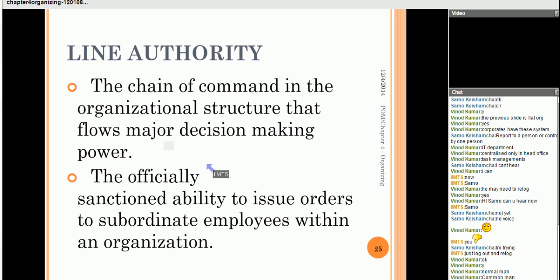Means it is the authority which comes due to the structure. Like A is reporting to B, B is reporting to C, and C is reporting to D. So because of this, the authority that will come. The officially sanctioned ability to issue orders to subordinate employees within an organization. That is the line authority. The authority because of the position you are holding.